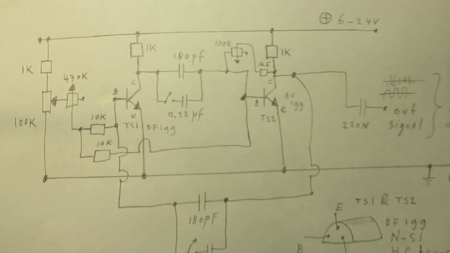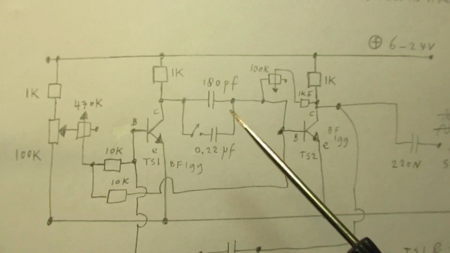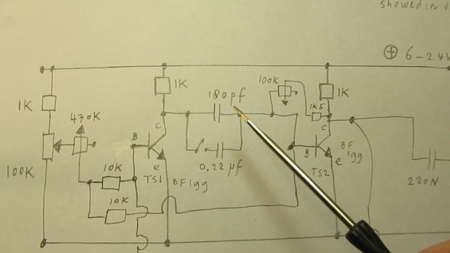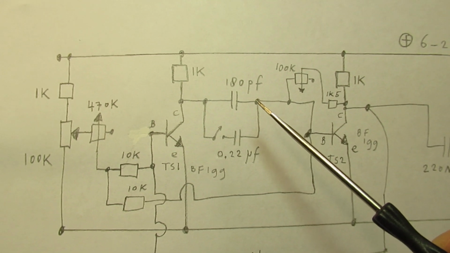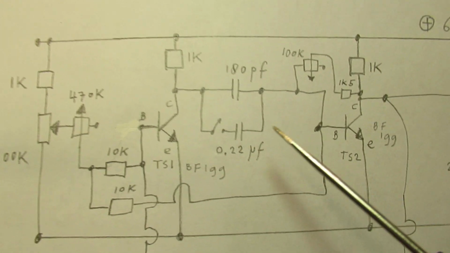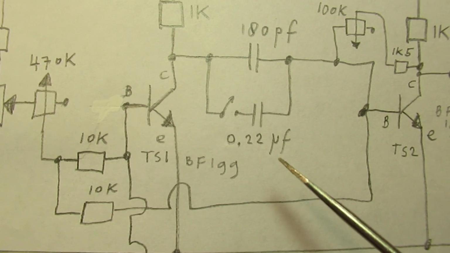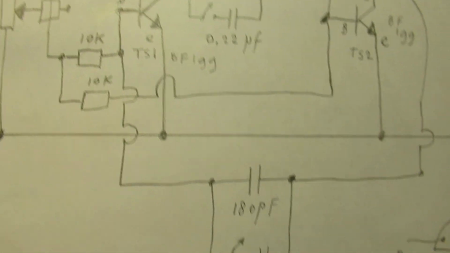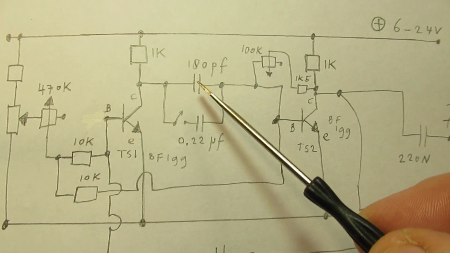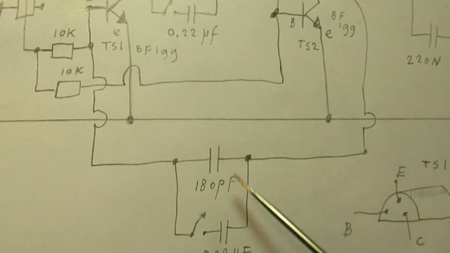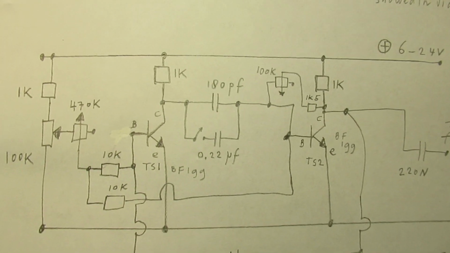And of course, when you have a multivibrator circuit and change such a, in a certain way, tiny capacitor of 180 picofarad and parallel it with 0.22 microfarad capacitor, and also here, you will surely see that the difference between these two capacitor values is extreme when we are talking about capacitance.